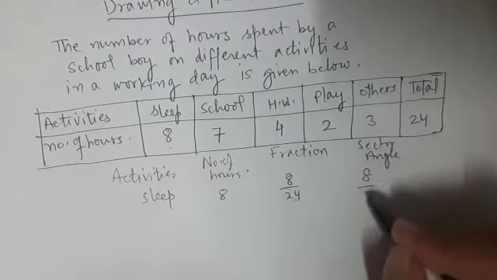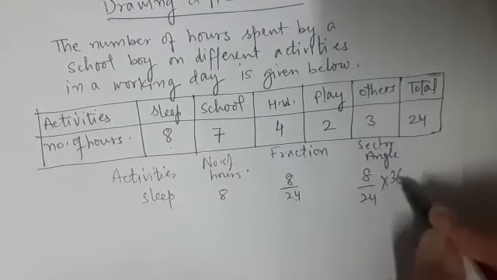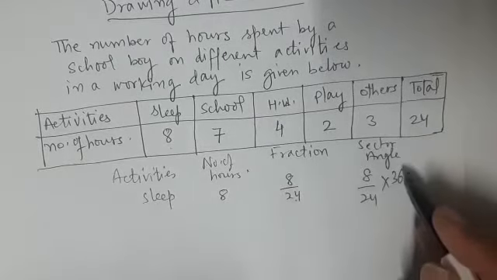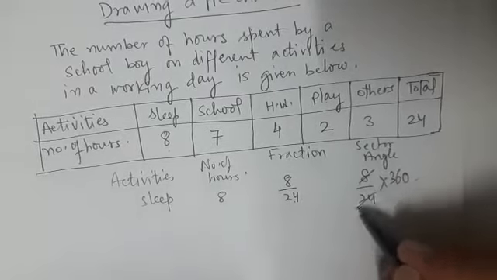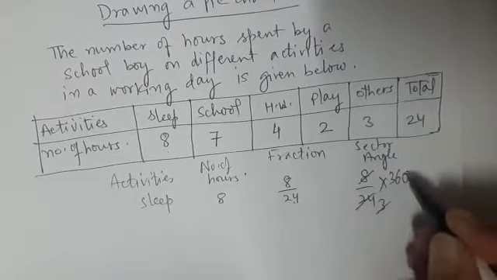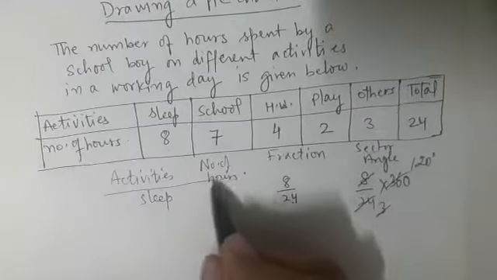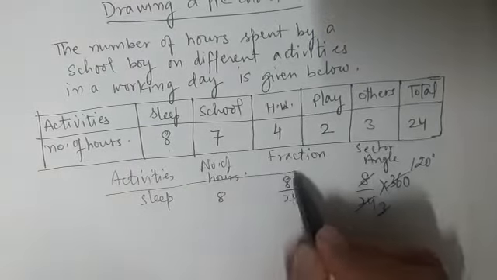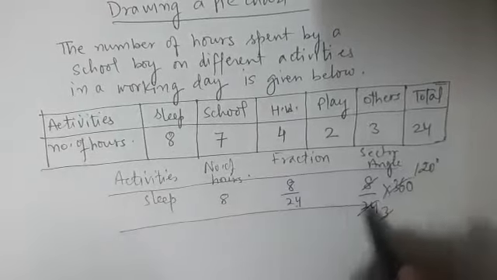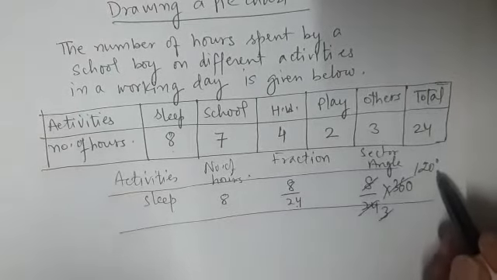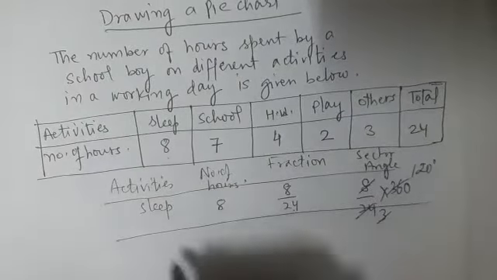So 8 by 24 into 360, and we see that this comes out to be 120 degrees. So sleep is 120 degrees.